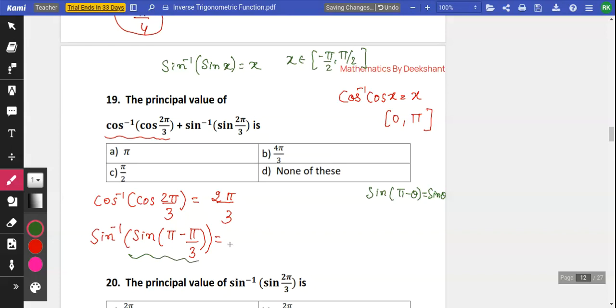So sine of pi minus pi by 3 is equal to sine pi by 3. Now pi by 3 is lying in the range of minus pi by 2 to plus pi by 2, so this term can be written as pi by 3.